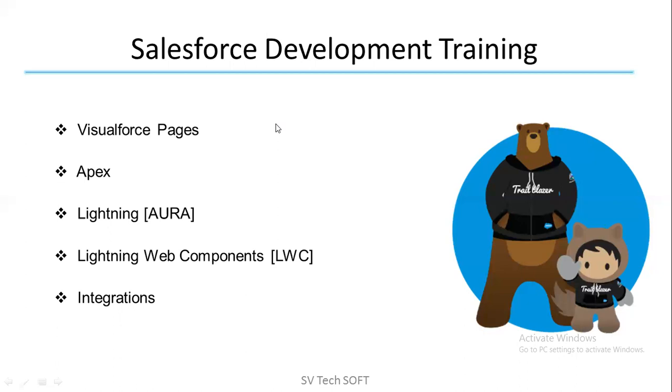But projects developed 2, 3 or 5 years back happened through classic, that is, Visual Force pages. That is the reason in this training program, first of all, we will start with the classic version. Classic version is nothing but Visual Force pages.